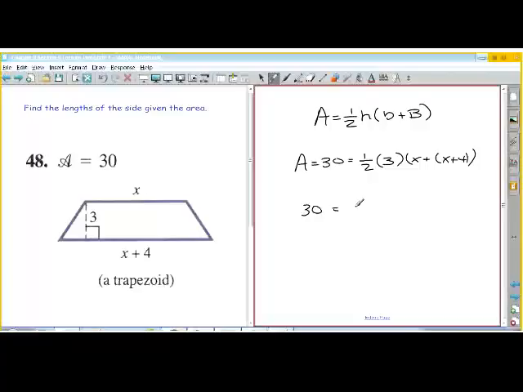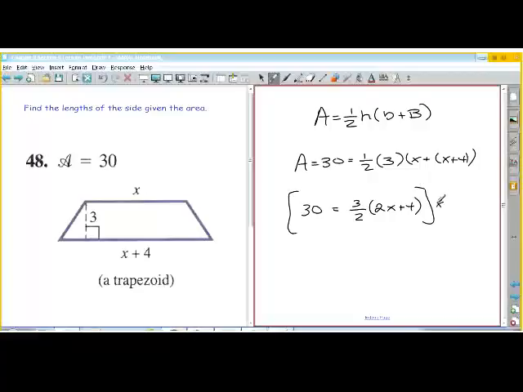So let's see what happens. We'll use what we just learned here now. So we're going to have 1/2 times 3 is 3/2. And combining these two terms, you're going to have 2x plus 4. So what I'm going to do first, actually, I could multiply this by the whole term, I could multiply this by 2 and this by 4, but when you can avoid fractions, it's a good thing.